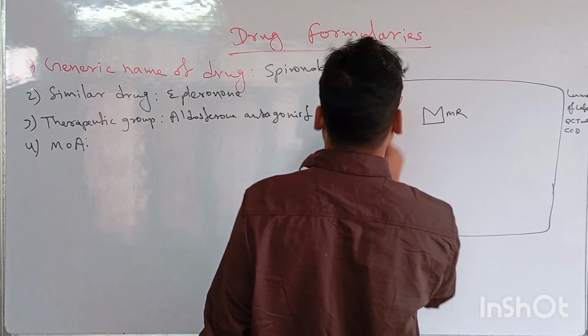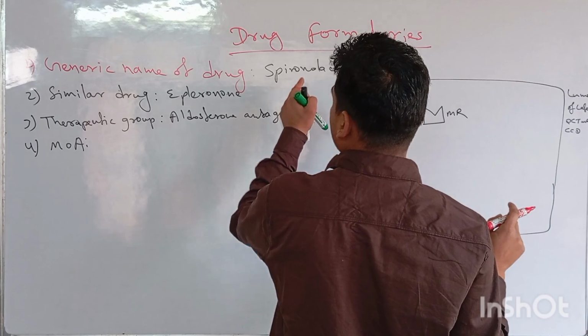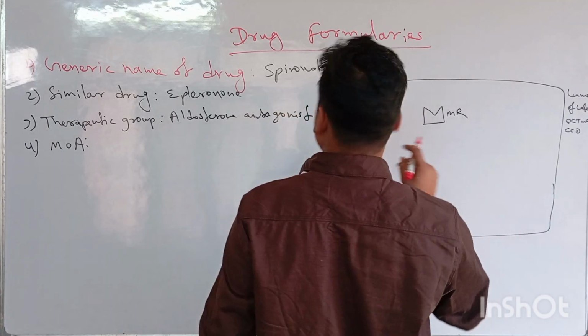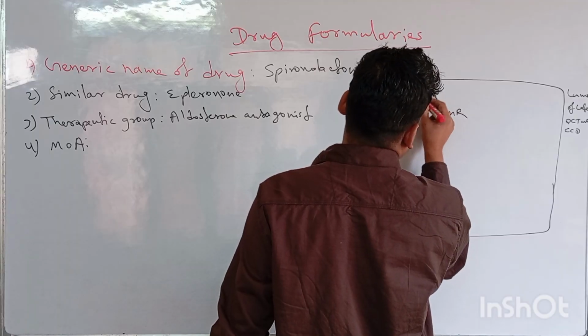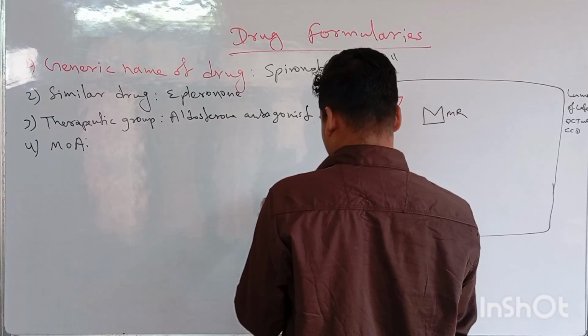The drug spironolactone, an aldosterone antagonist, has a similar structure to this aldosterone.